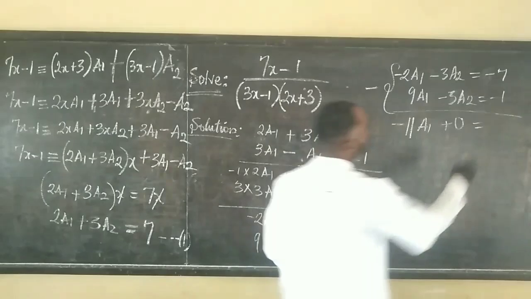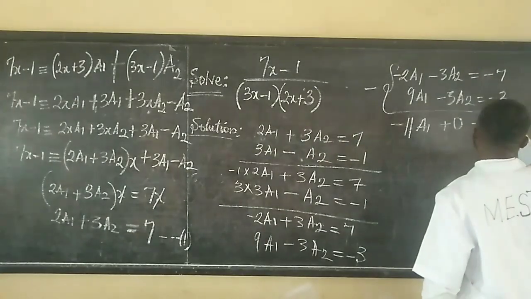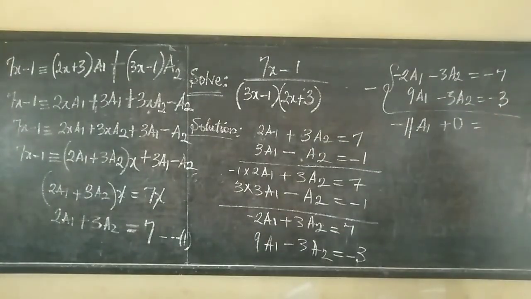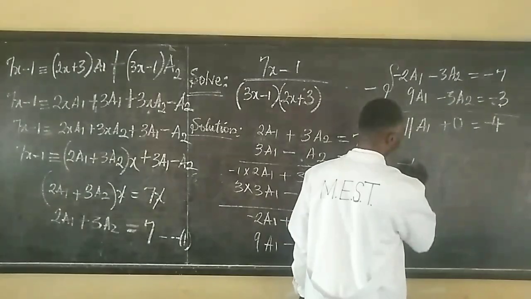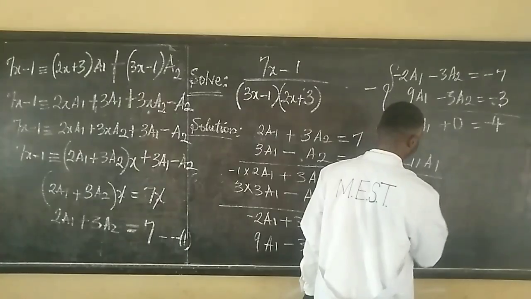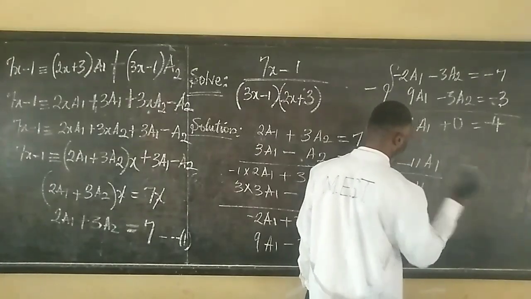So let's check. This should be this. Alright. Check. So minus 7, minus, this will change this to plus. It becomes what? 4. That is it. Minus 4. Oh my goodness. And then we have now minus 11A1 all over minus 11, of course.